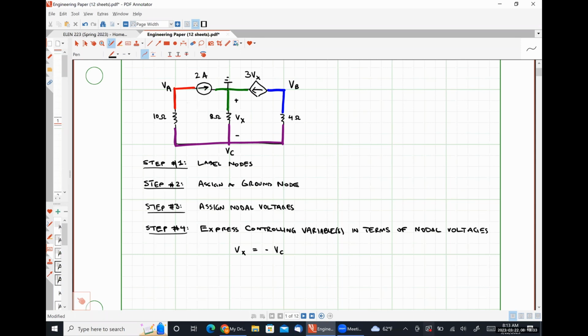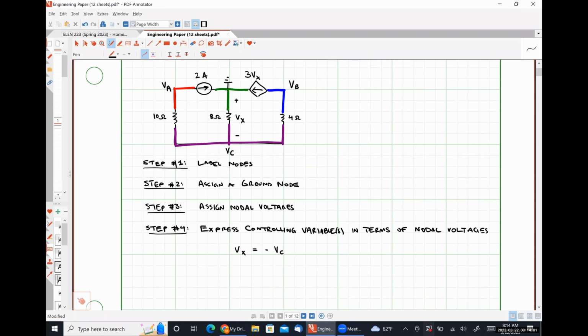So there's a more formal way that I like to do it here, so I just want to talk about that really quickly. You're 100% correct. Whenever we're expressing literally any voltage in terms of nodal voltages, it's simply the nodal voltage at the positive polarity terminal, which in this case is 0 because the positive polarity terminal is associated with ground, minus the nodal voltage associated at the negative polarity terminal, which in this case is VC.